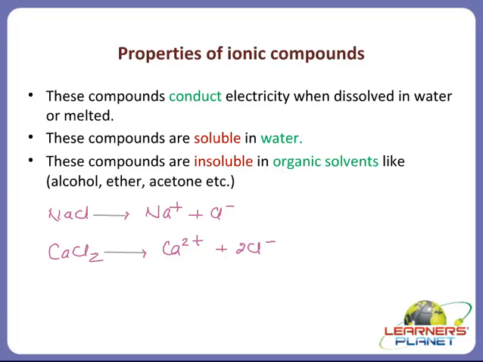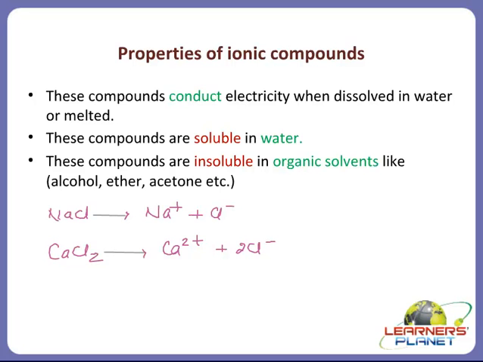So for our compounds to be good conductor of electricity, what is required? Either the electrons or the ions. Right? So the ionic compounds conduct electricity when in dissolved or in molten state. Your dry NaCl will not conduct electricity. Dry calcium chloride will not conduct electricity. Right?